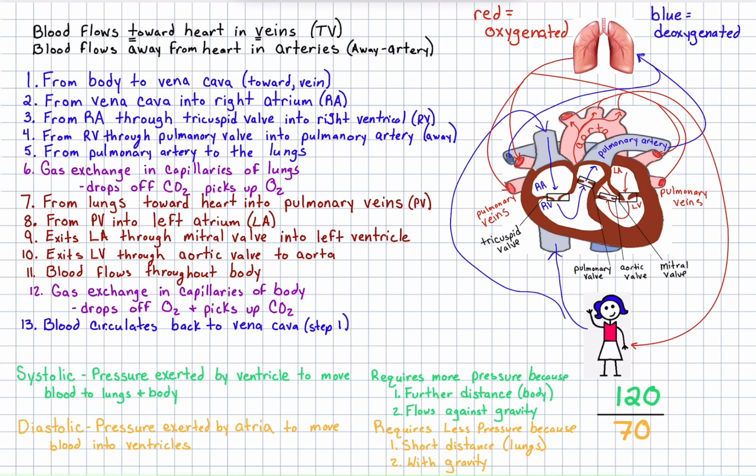It's pretty crazy. Something else to mention is that, as I said, the ventricles are going to be much larger than the atria, because the atria are just emptying into the ventricles. There's not a lot of pressure. It's not very far for it to go, so the atria don't need to be big and bulky.